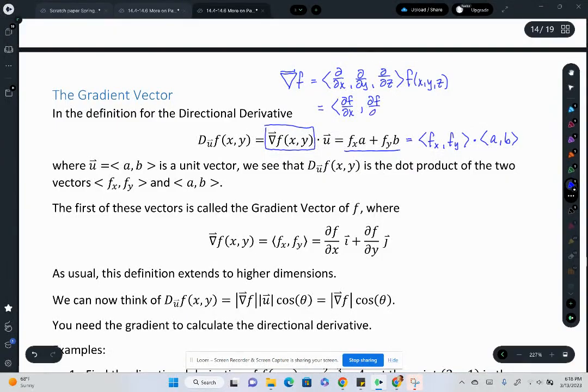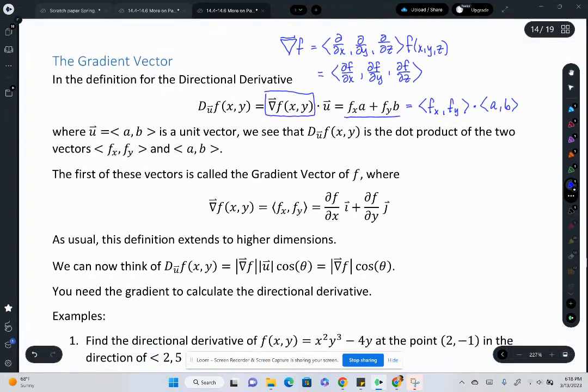We also have del f del y and del f del z. Okay? For short, we write del f, and whenever you see del f, you are looking at the gradient vector. Okay, this is our gradient vector.